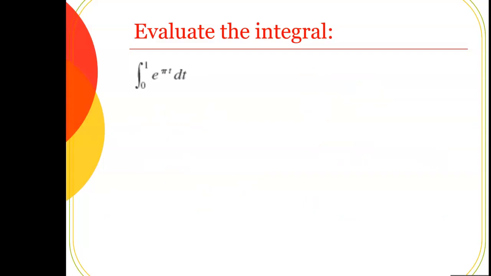And then just because I like your u bounded problems, the u is pi t. I don't know why I like saying that, but I do. Du is pi dt. We need that pi on the other side.